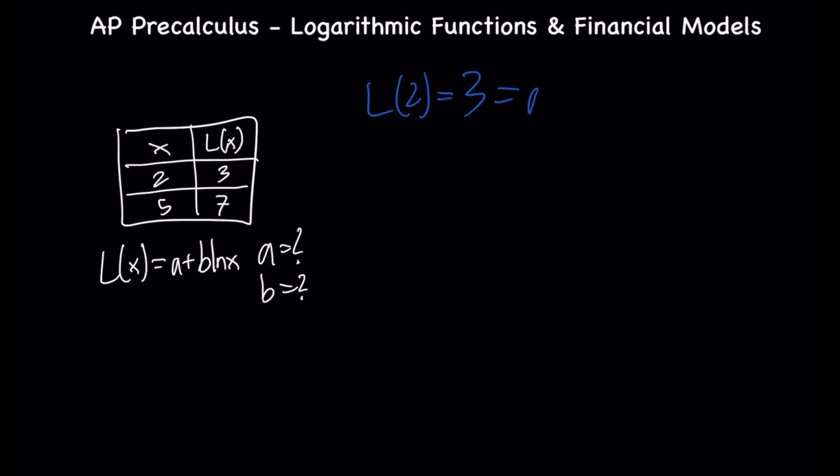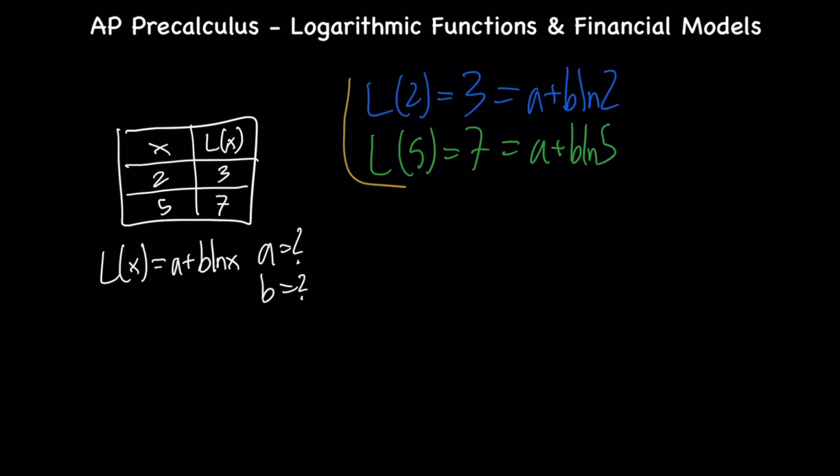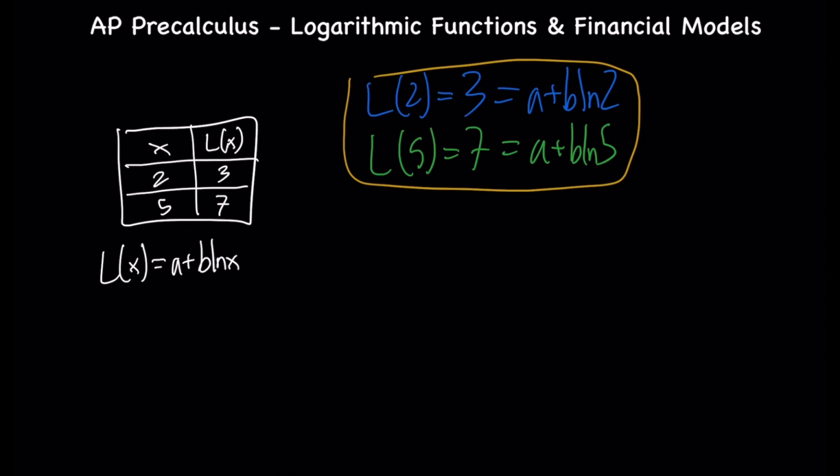Which is equal to A plus B ln 2 because x equals 2, right? And for L of 5, we have L of 5 equals 7, which equals A plus B ln 5, right? So these are the two equations we can use to solve for these two variables. Now let's do it.